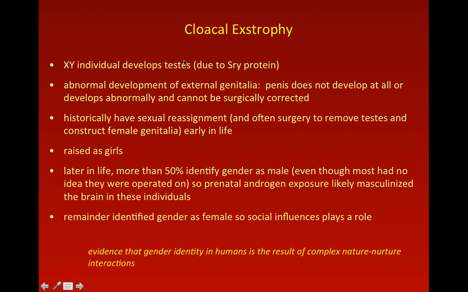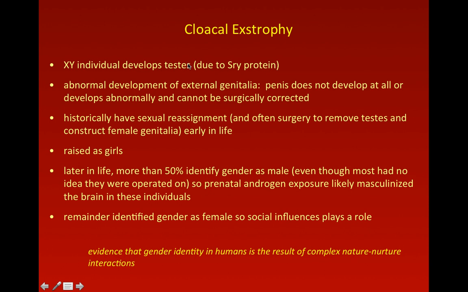Now, because the testes are there, there is some testosterone secretion, obviously, but for some reason, the external genitalia develop abnormally.